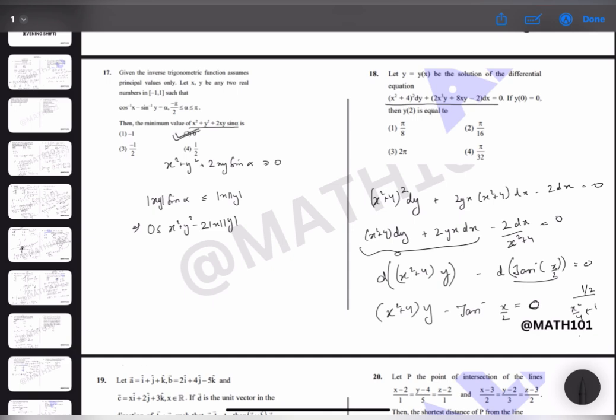This becomes 2 upon x square plus 4. So c anyways will be 0, and at x equals 2 we get 8y minus tan inverse 1 equals 0, which means y equals pi by 32. So the answer is 4.